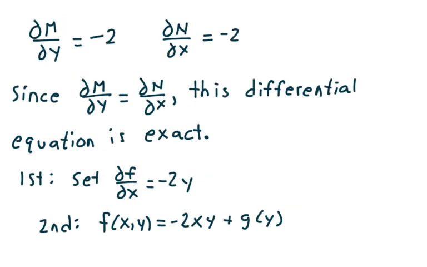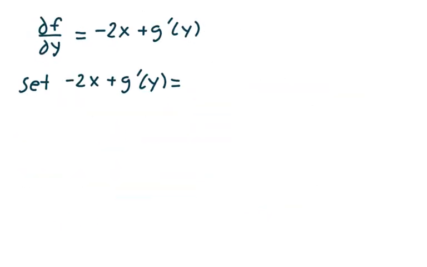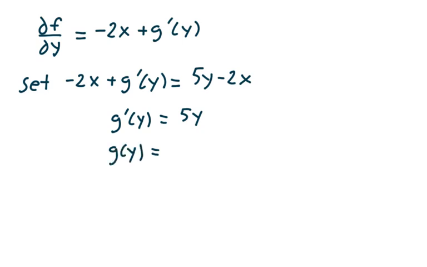So I'm going to set it equal to 5y minus 2x. So g prime of y is equal to 5y because the negative 2x terms cancel. So g of y is 5 halves y squared plus a constant k.